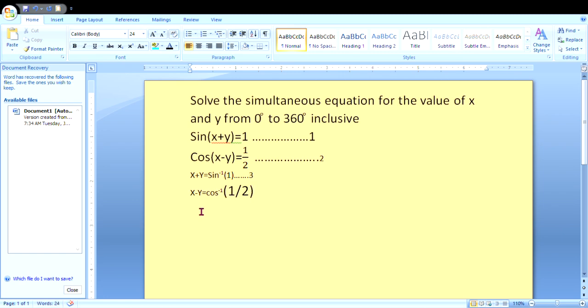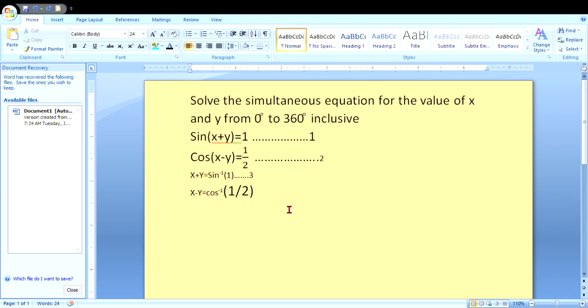Now if we look at our table, you see sine inverse of 1 is 90 degrees. It is 90 degrees that gives sine 1. Similarly, cos inverse of half is 60. It is cos 60 that gives half.